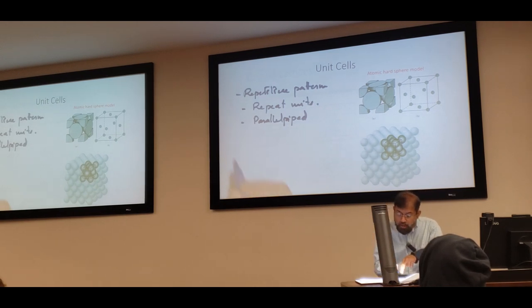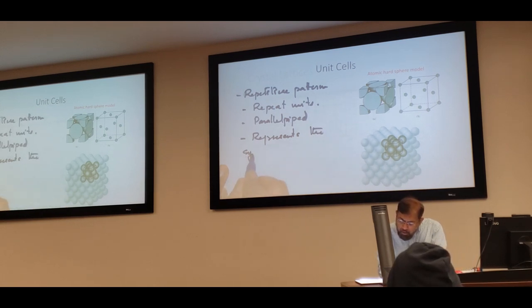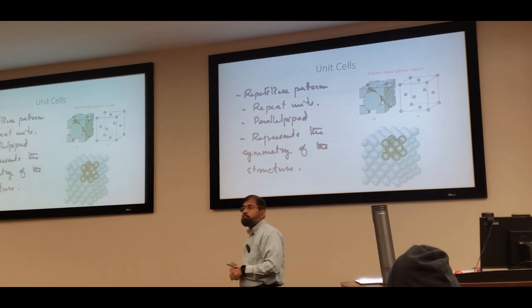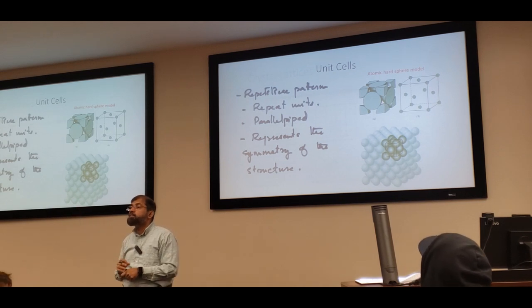The unit cell, important point, represents the symmetry of the structure. What is the meaning? The repetitive pattern of that structure.